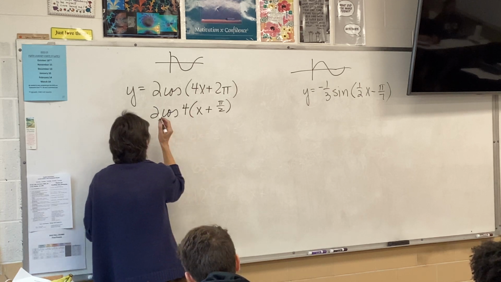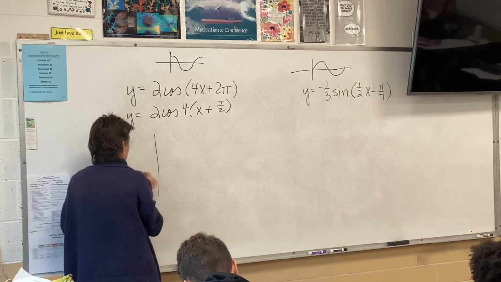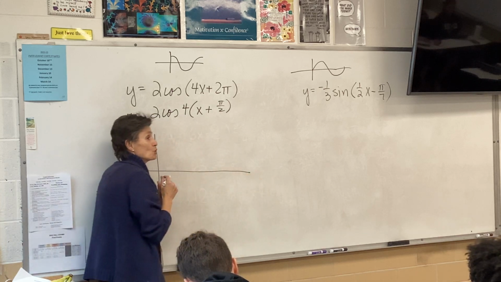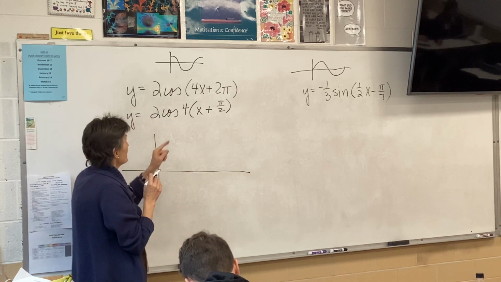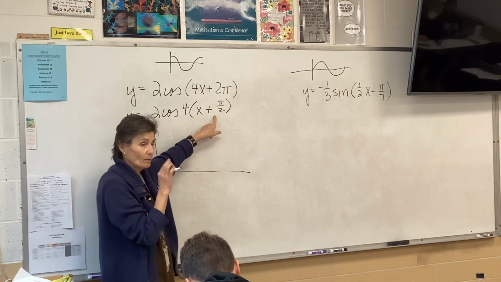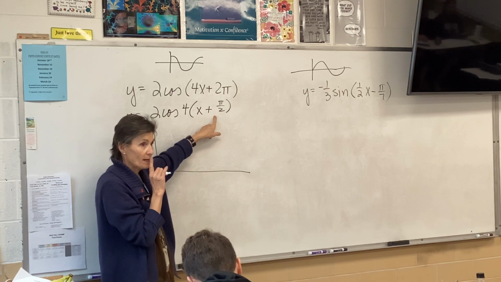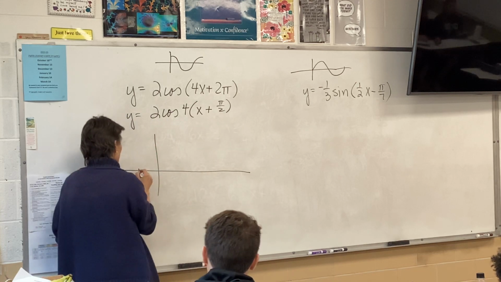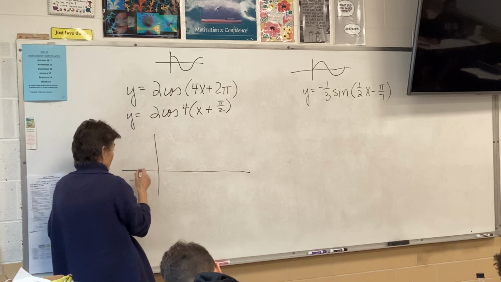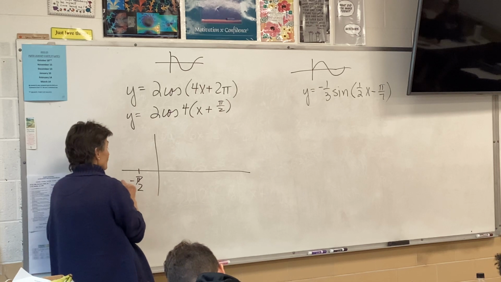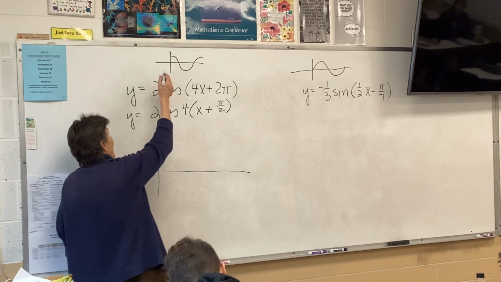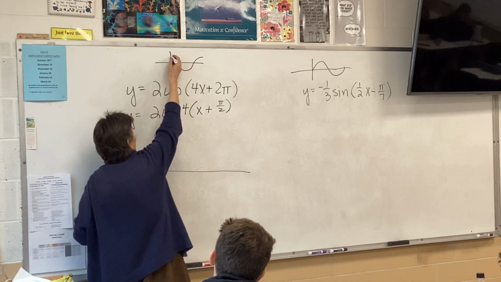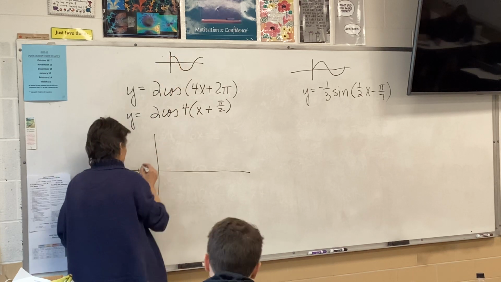Now, let's talk about where this picture has been shifted to. That's a plus. What does that mean? Which way do we go if it's a plus? Left. We go left, and we go left that amount. So what that means is, here, I'm going to label this negative pi over 2. What used to happen at 0 now happens here.